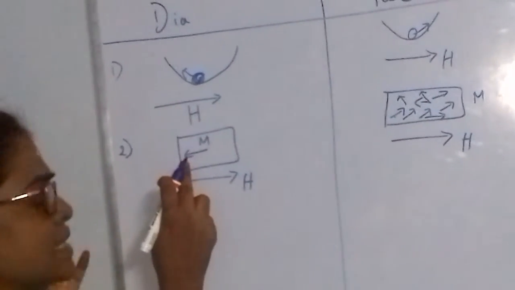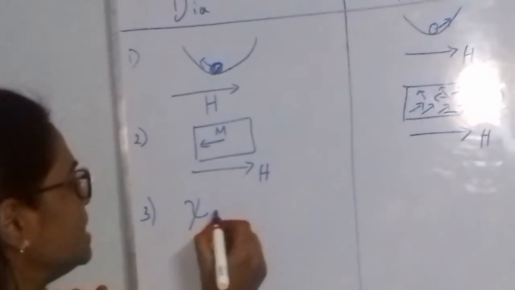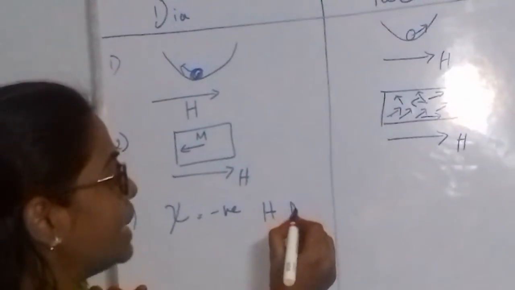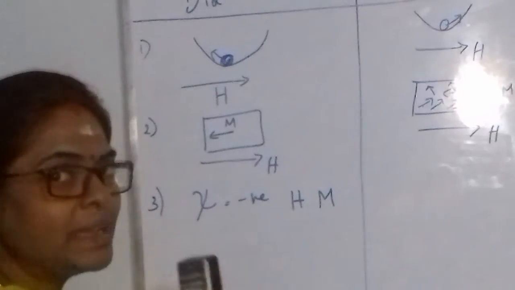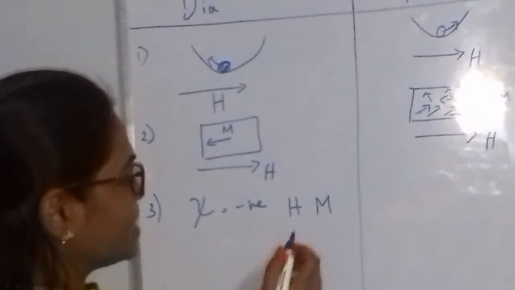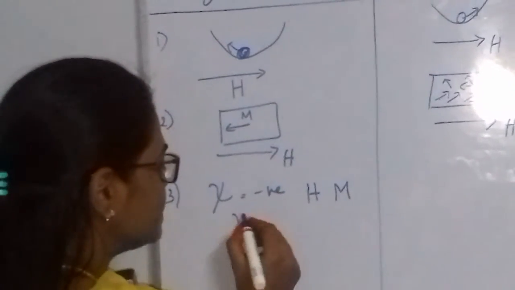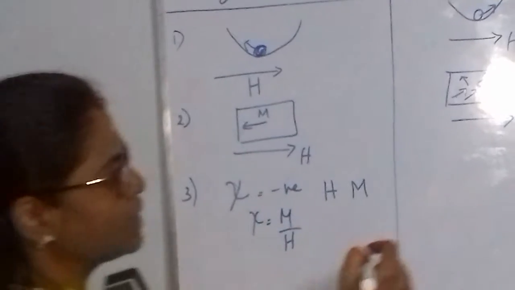Here, since the dipoles are moving in the opposite direction, we can say the susceptibility is negative, because H is applied in one direction and M, the magnetization inside the material, that is the magnetic moments, turns in the opposite direction. So chi is negative, because chi is equal to M by H. Chi is negative for diamagnetic material.